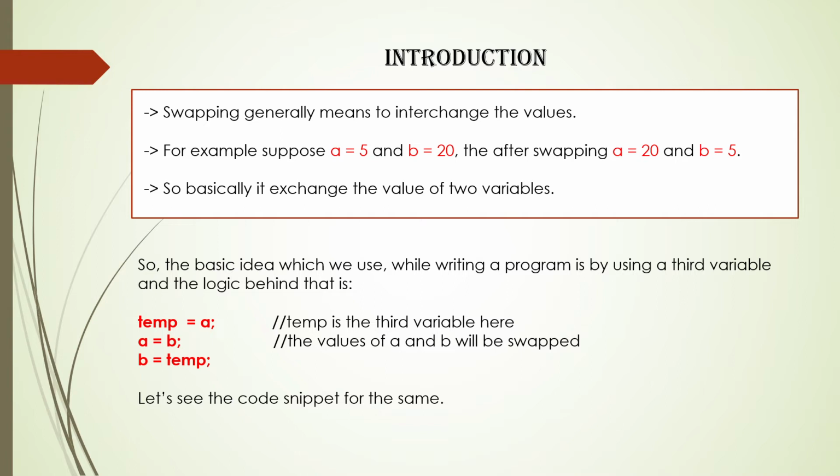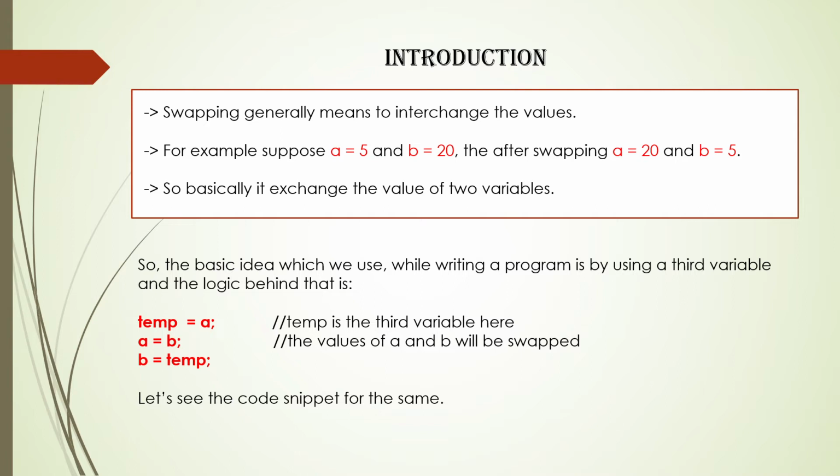So in this concept it is very easy. See the logic written here on the screen. We have to declare one temporary variable, and temp is that variable here. Then assign the value of A to that variable. That means the variable temp will be holding the same value as the variable A is holding.